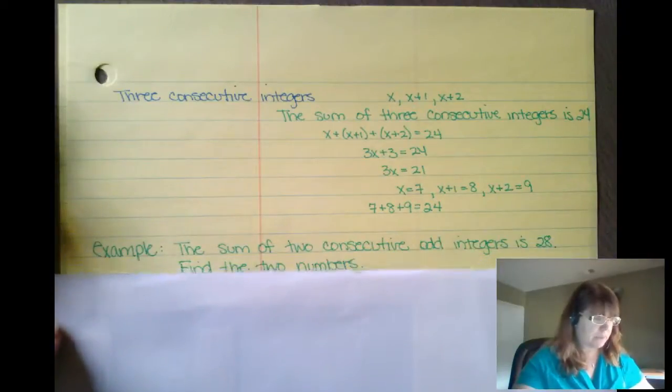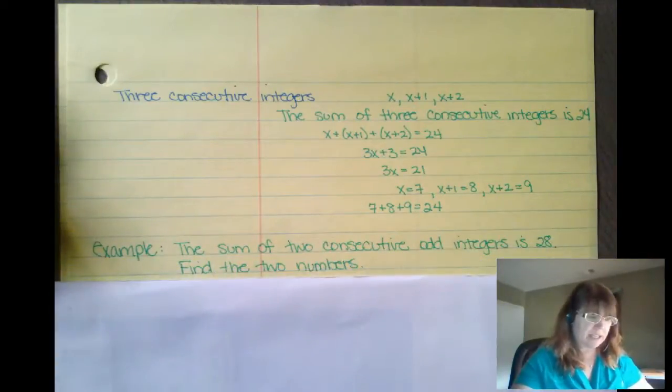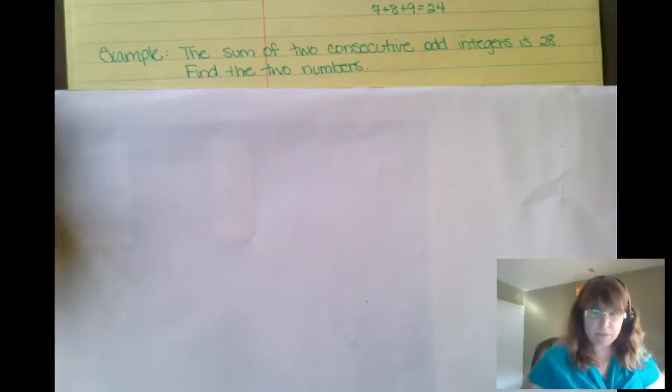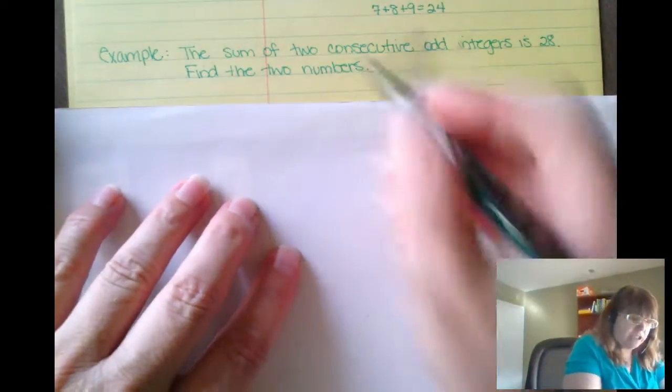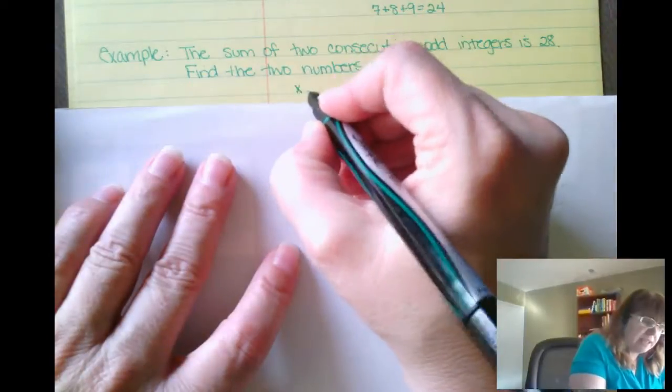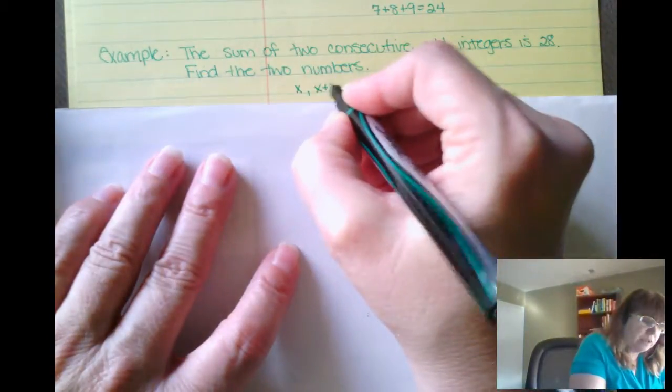All right, for example, the sum of two consecutive odd integers is 28. Find the two numbers. So let me make some room up here. I don't know exactly what my numbers are, so I'm going to give them consecutive odd integers. So I'm going to use x and x plus 2.